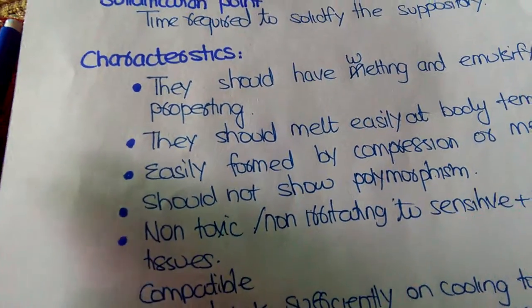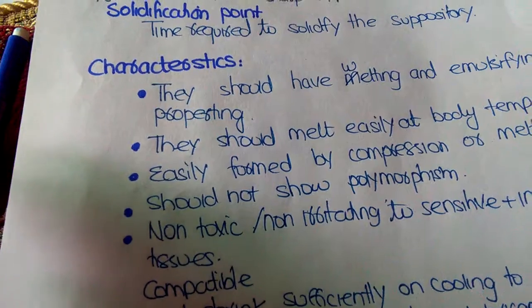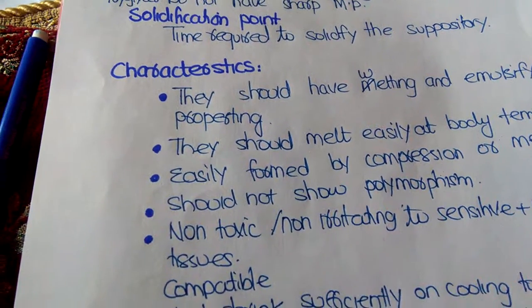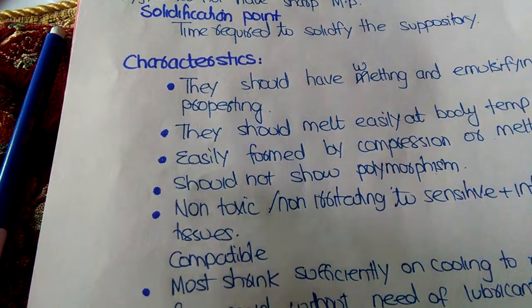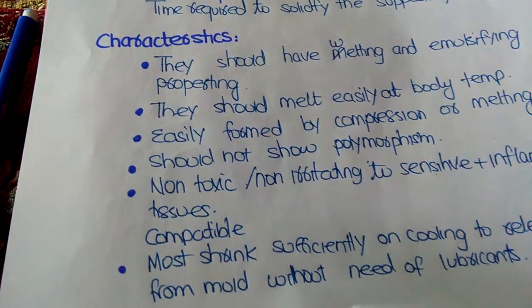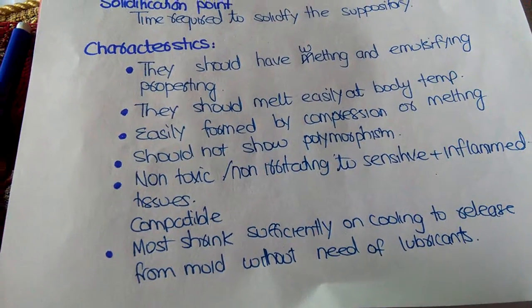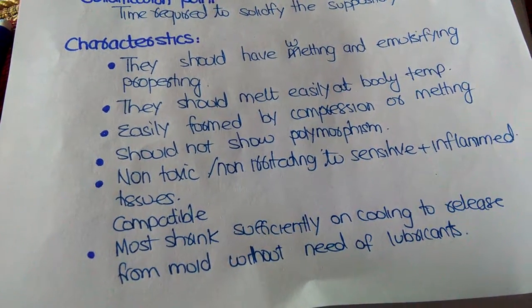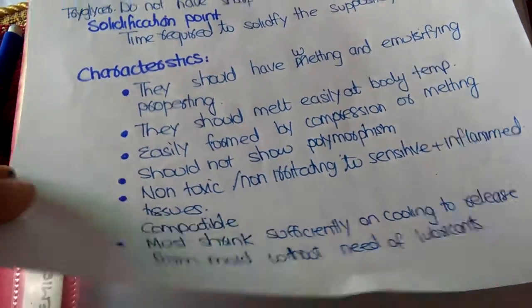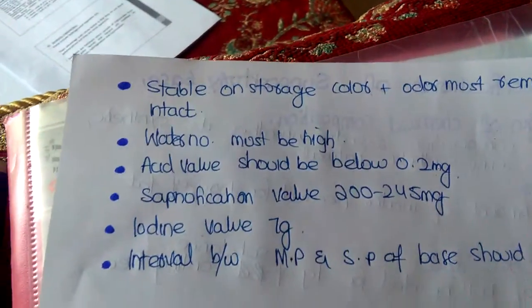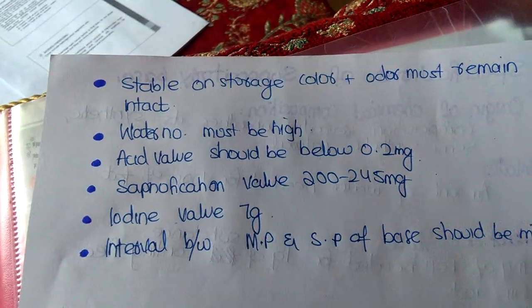They should be non-toxic, non-irritating, and non-sensitizing to inflamed tissues. They should be compatible with other medications. Most shrink sufficiently on cooling to release from the mold without need of lubricants. They should be stable on storage and odor must remain intact.